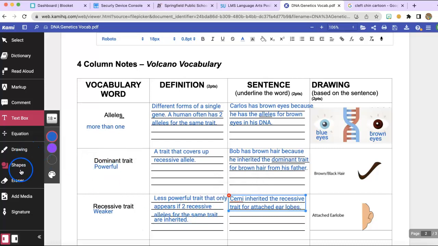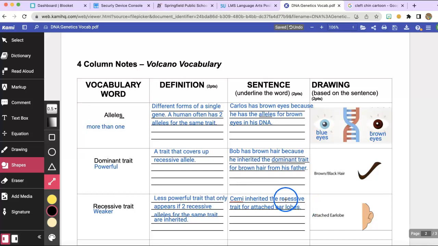Find your pencil again. You should have never put it down. Underline recessive and trait, because that's our vocab word, and that's what our directions tell us to do.